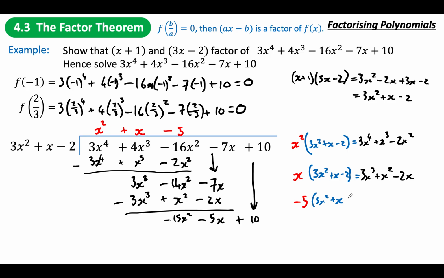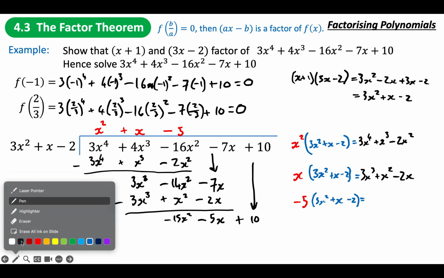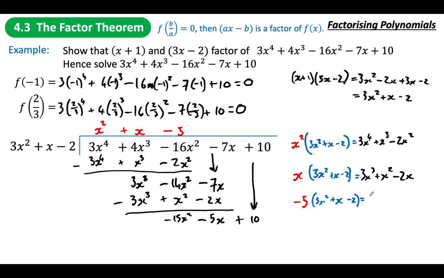So 3x squared plus x minus 2. Once again, same thing again. Times it by the 5. We get minus 15x squared minus 5x and plus 10. Yay! We've got our expression. Thank goodness for that. And when we take one away from the other, we are left with nothing.